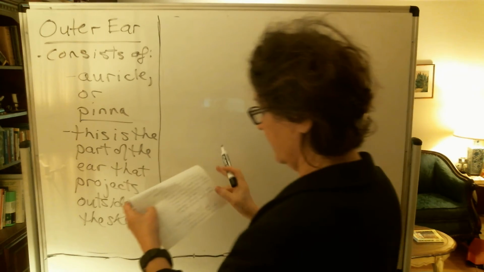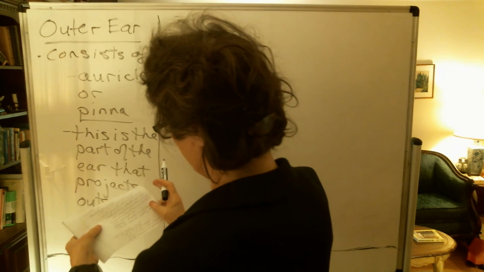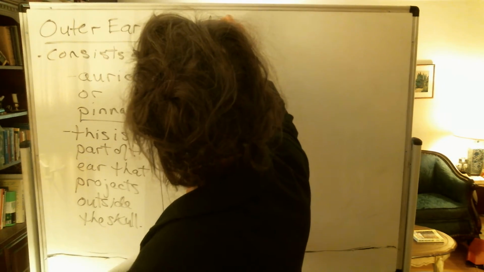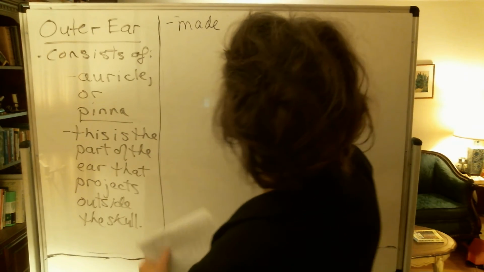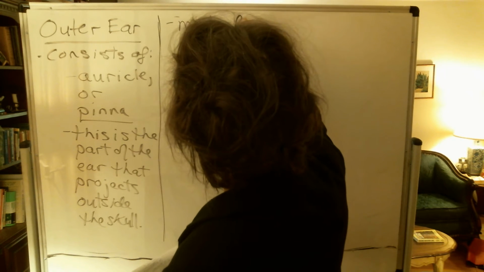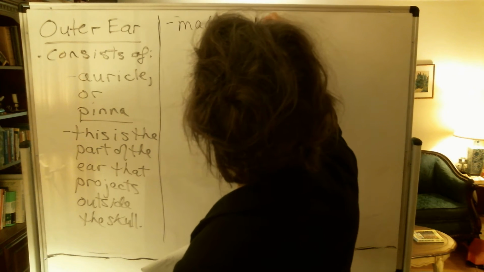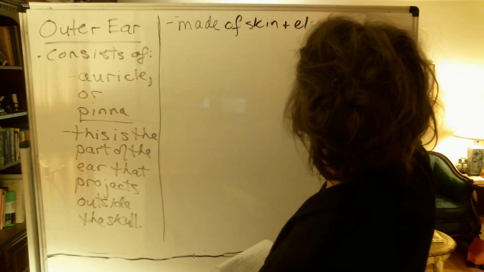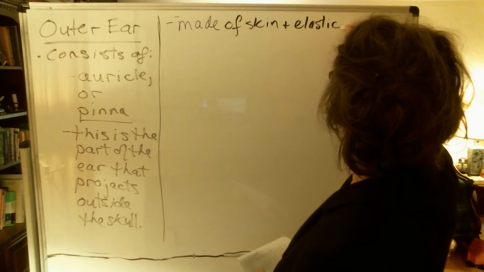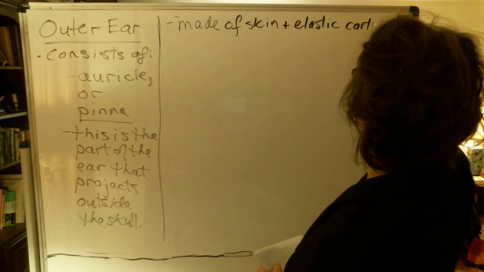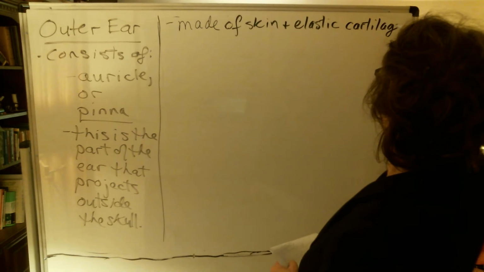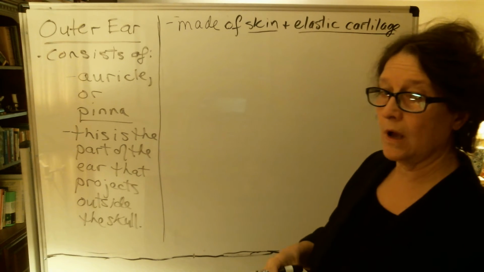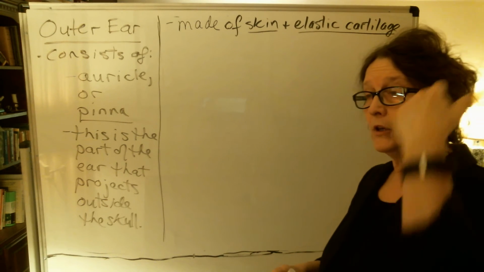So carrying on with the pinna then. The pinna is made of skin and elastic cartilage. The elastic cartilage is why it flips back when you bend it.